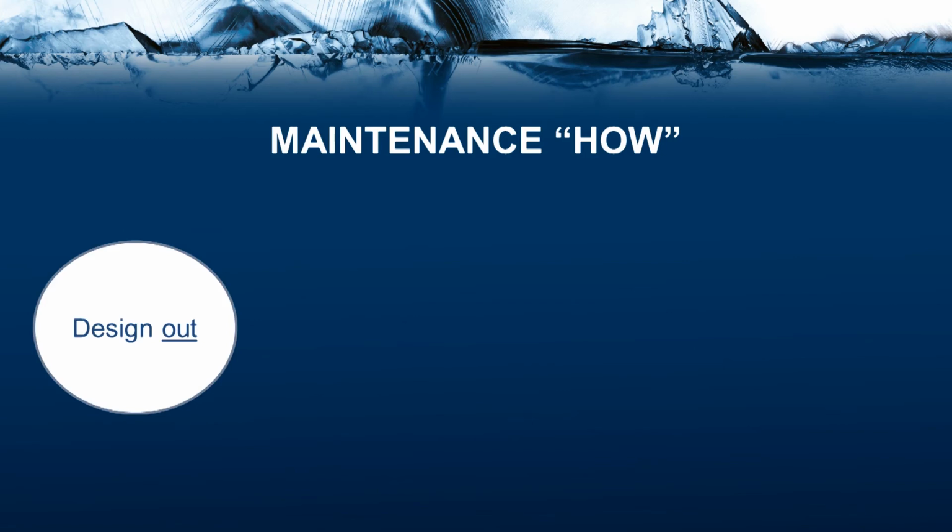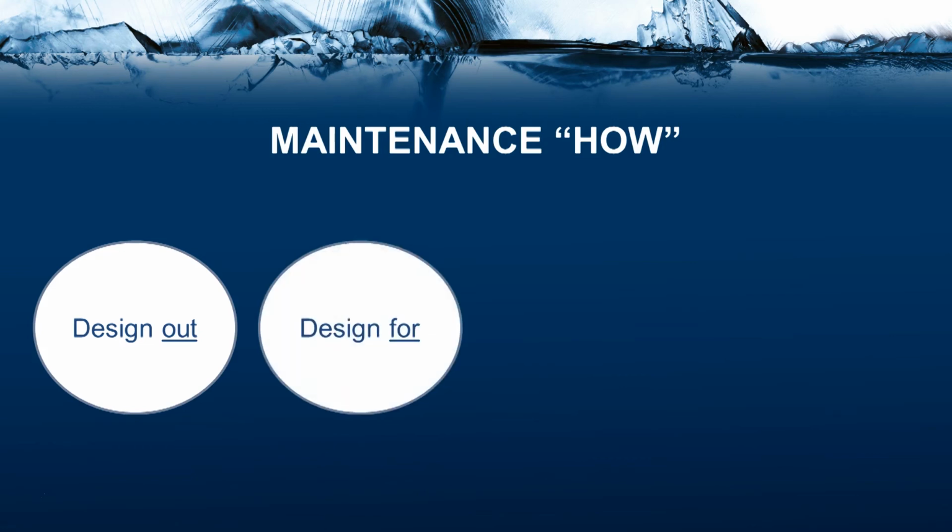Summarizing in brief: in the design phase, how can we design out the need for maintenance? We make the system maintenance free. If we cannot make the system maintenance free, then we have to design it so that maintenance can be performed in an easy way, in a much cheaper way, and that's called design for maintenance.